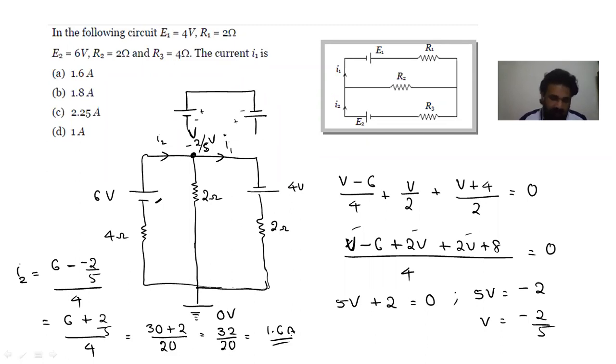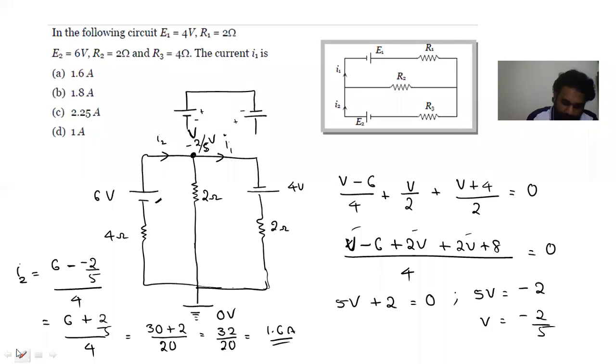What about current I1? That we can also find out. To find current I1, here 4 volt is there, and minus 2 by 5. Now this is how the polarity is.